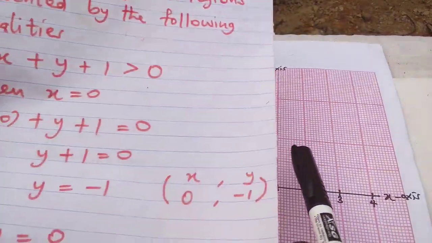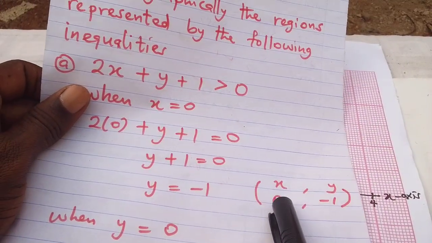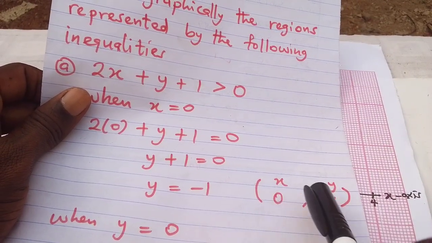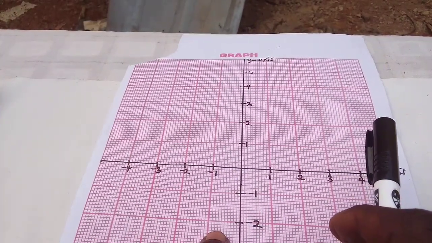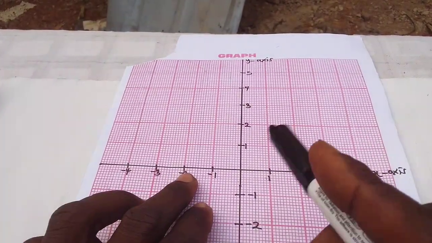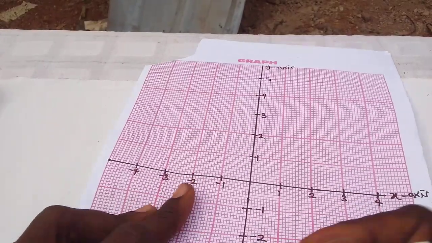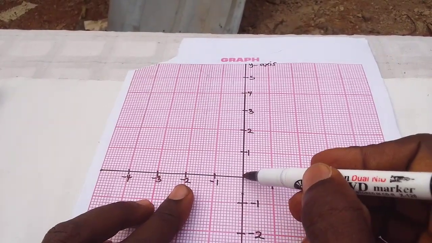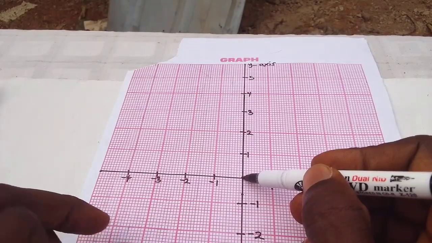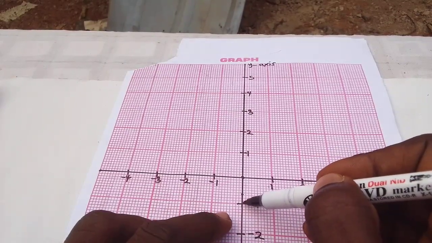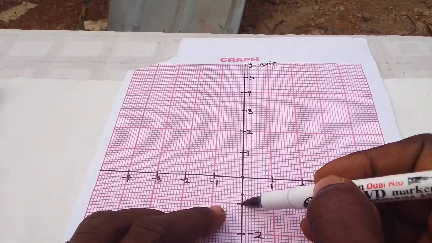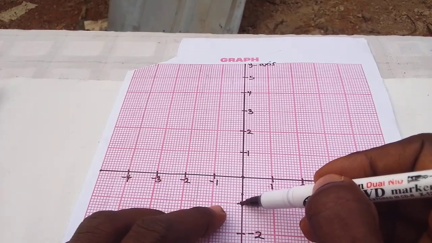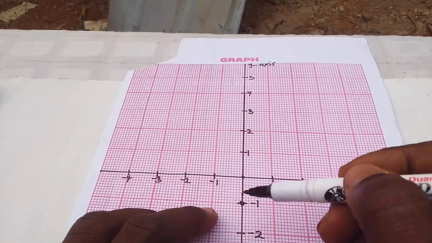Now you plot the point when x is 0, y is minus 1. On this line x is 0, and here y is minus 1. So you plot this point.